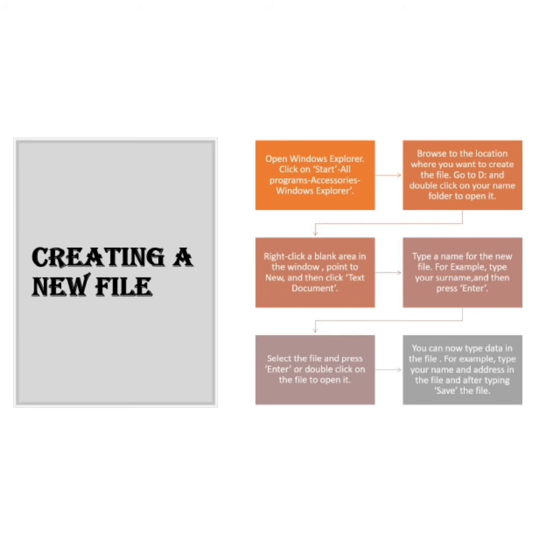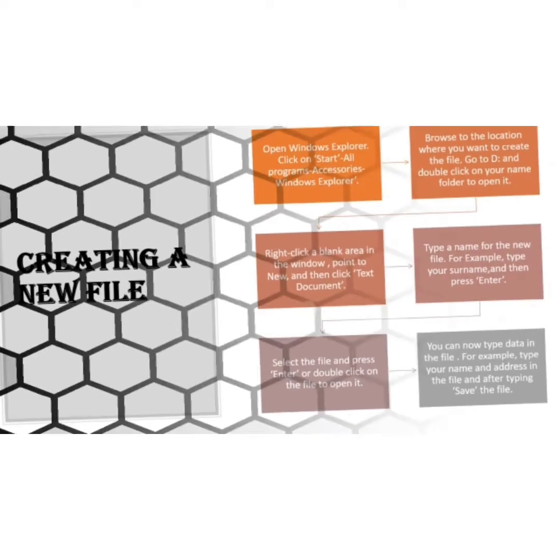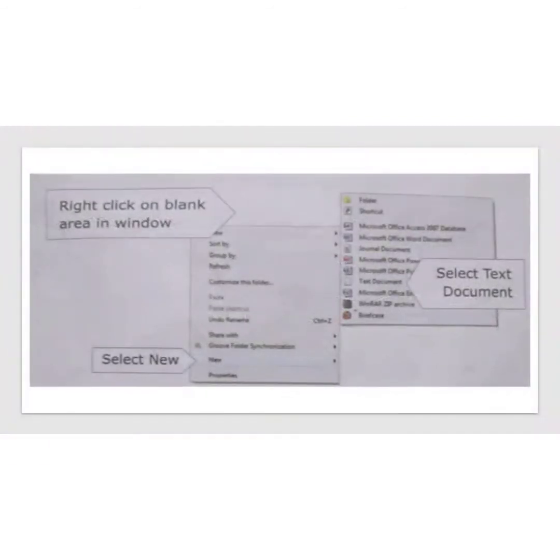For example, type your name and address in the file, and after typing, save the file. Children, this is how we can create a text document.